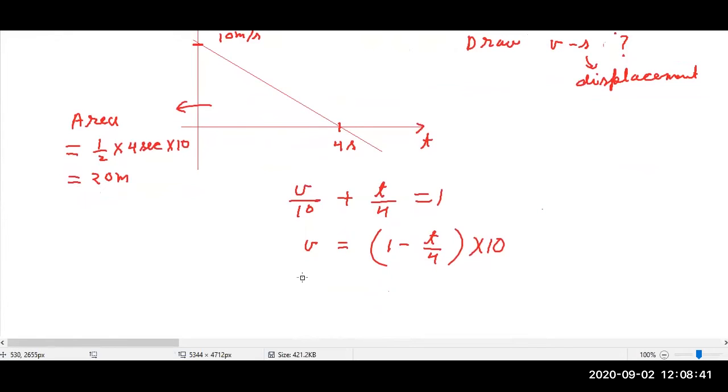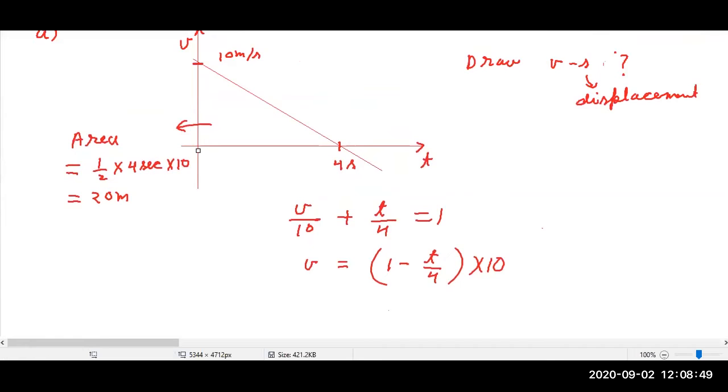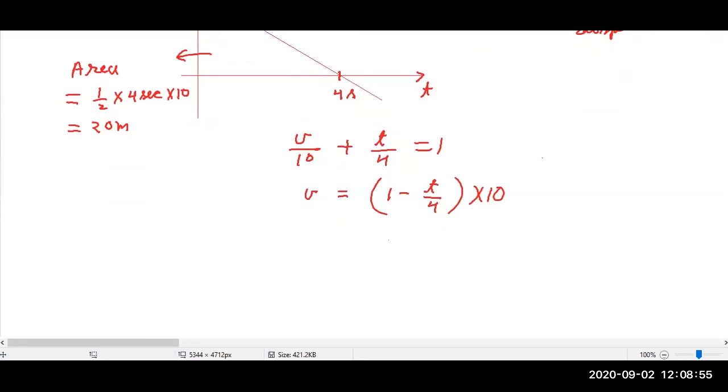We can have various methods for this. Area can also be used. If we see the graph, initially displacement is 0, and as we are progressing in time, देखिए ऐसे भी कर सकते हैं. 2-3 मेथड है, कोई भी तरीके से कर सकते हैं.